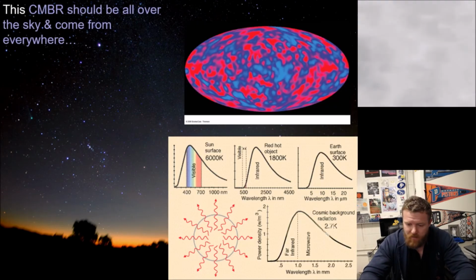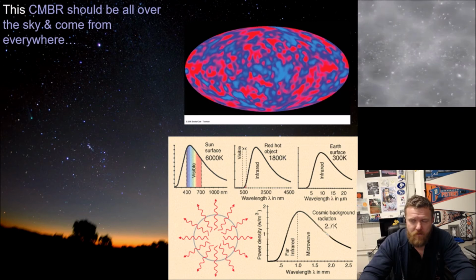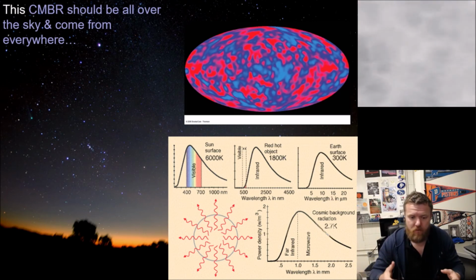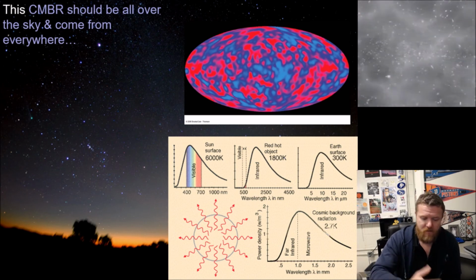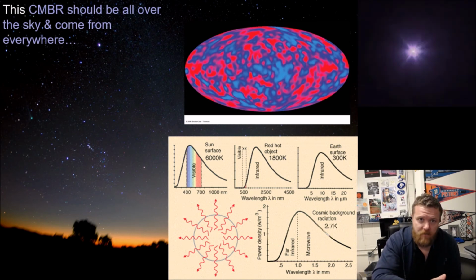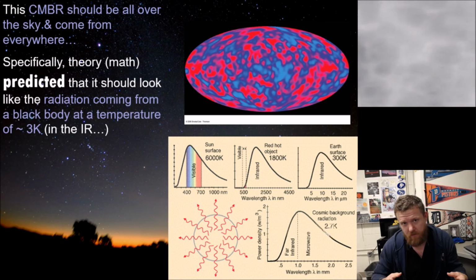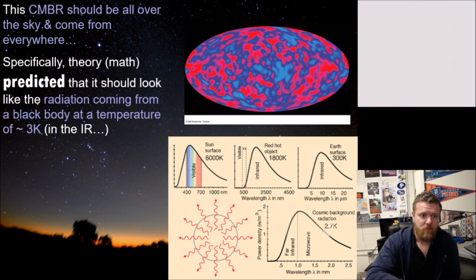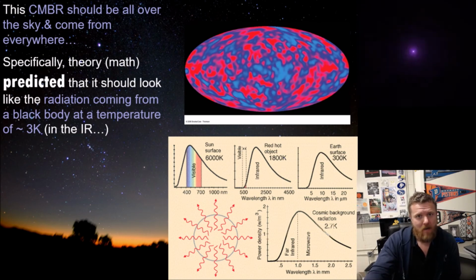Because this is leftover heat from the formation of the universe, every part of the universe, every single square inch of the universe should have some of this radiation in it. The temperature of that radiation should be roughly 3 degrees above absolute zero. It's like negative 450 degrees Fahrenheit. Very cold, but not zero.